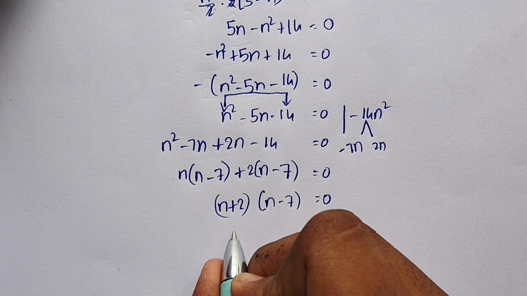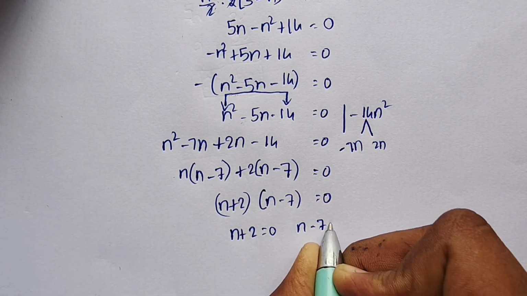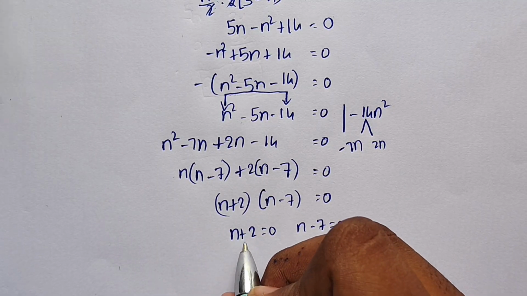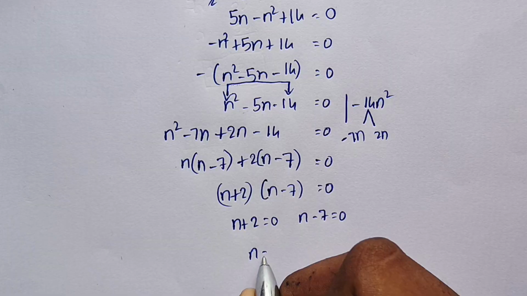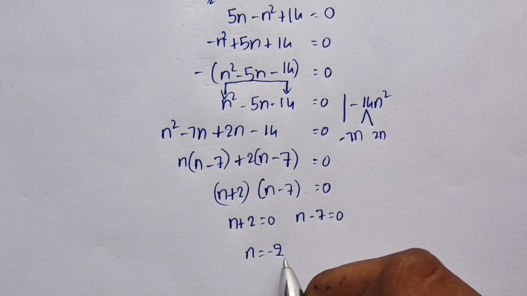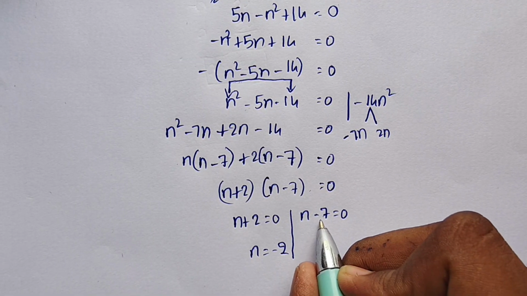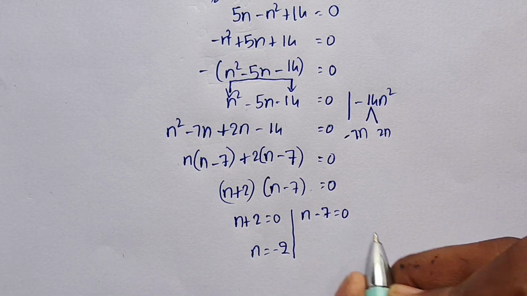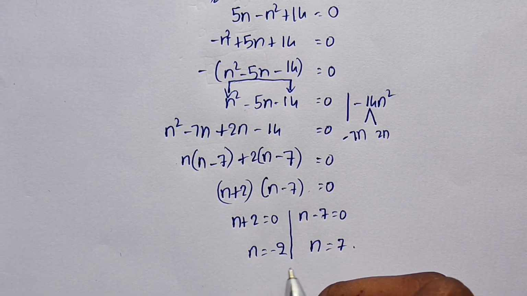The two factors are n plus 2 equals 0 and n minus 7 equals 0. If you transpose plus 2 to the right side, it becomes minus 2, so n equals minus 2. This is one root. The second root: n minus 7 equals 0, transposing minus 7 gives plus 7, so n equals plus 7.